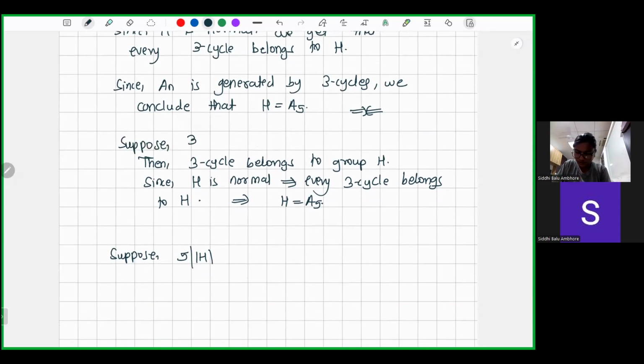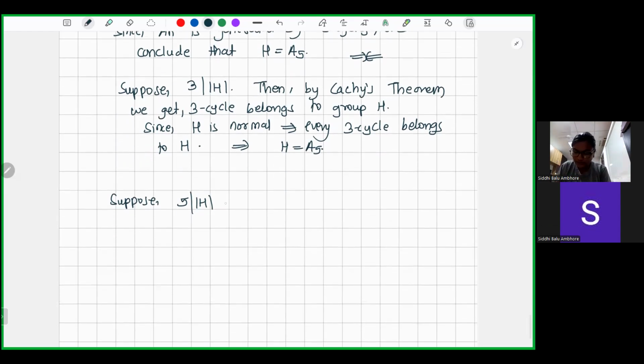Suppose 3 divides order of H. Then by again Cauchy's theorem, we get that a 3-cycle belongs to H. Since H is normal, every 3-cycle will belong to H. This will imply H is A5.